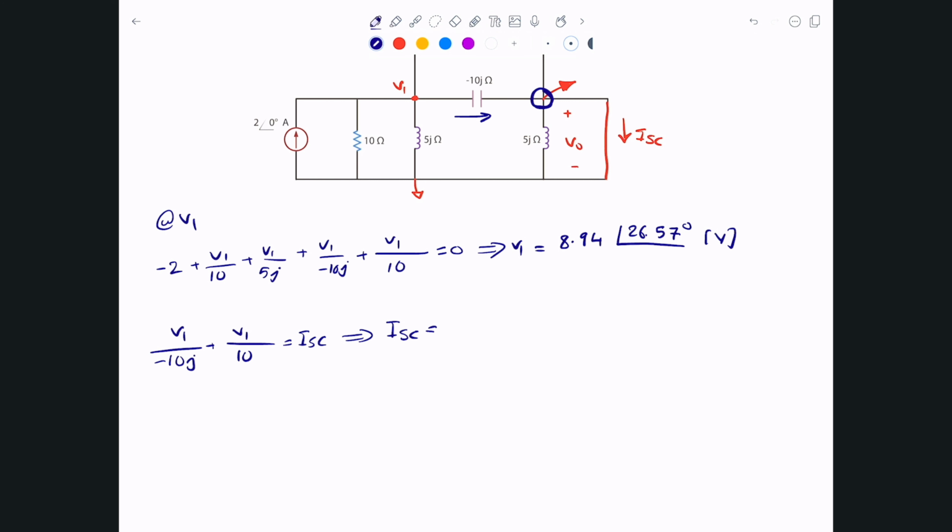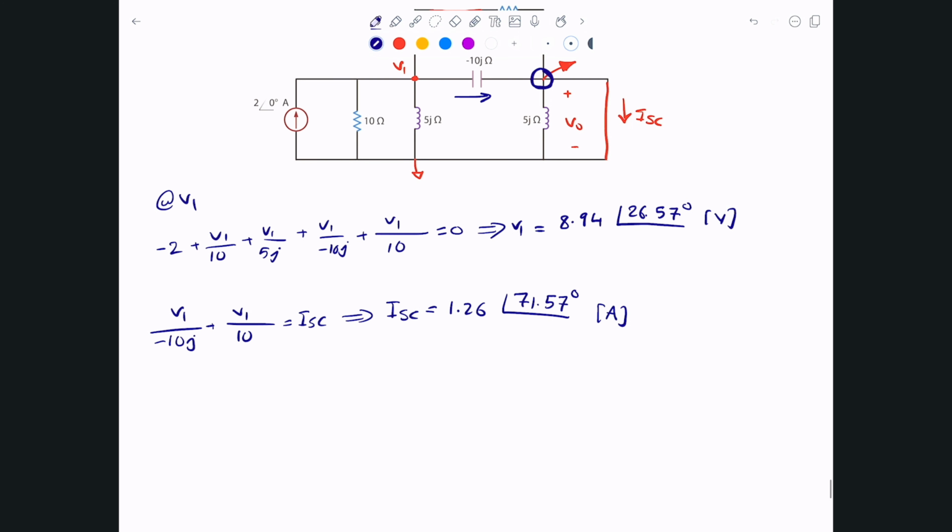And that happened to be 1.26, and the angle is 71.57 degrees. And that here is in amps because everything is in ohms. All right, so we know what the I short circuit now is, or actually this is also I Norton if you want to use the Norton equivalent. But anyway, this is it.